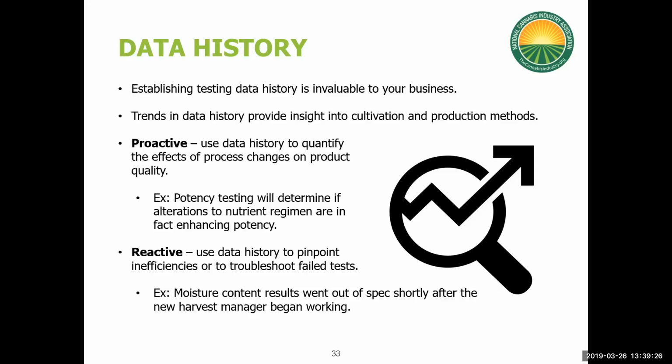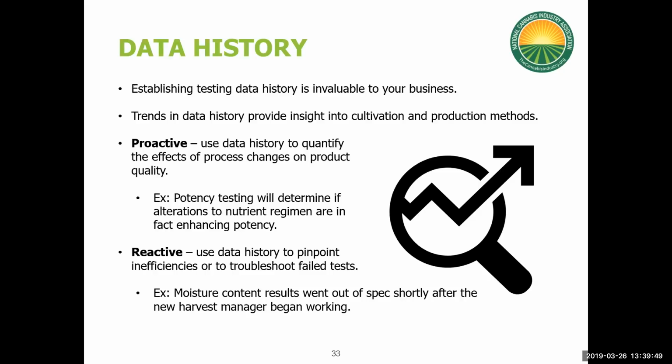So establishing testing data history is invaluable to your business for several reasons. These trends can provide insight into cultivation and production methods and can be used both proactively and reactively. In the proactive case, you would use your data history to quantify the effects of process changes on product quality.